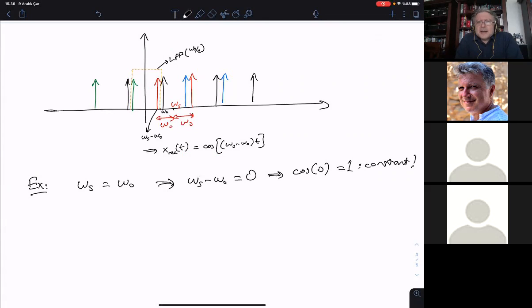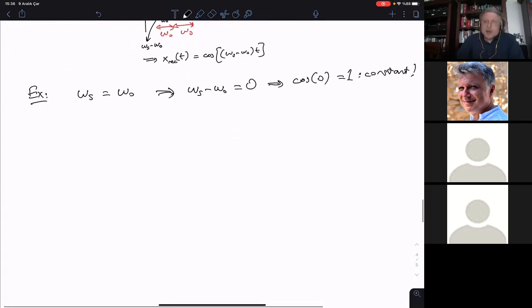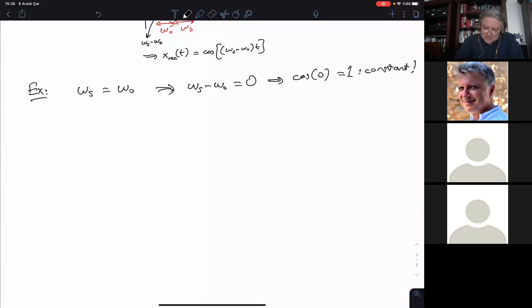So I sampled a cosine with a sampling frequency exactly the same as the frequency of the sinusoid, and I obtained a constant. That is the extreme aliasing that you can have.